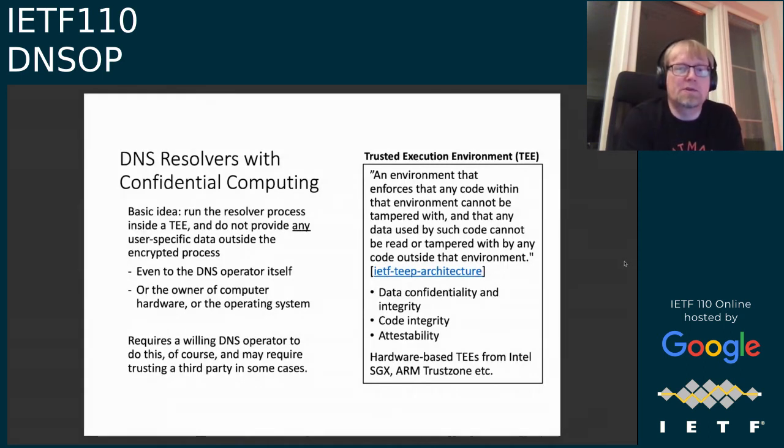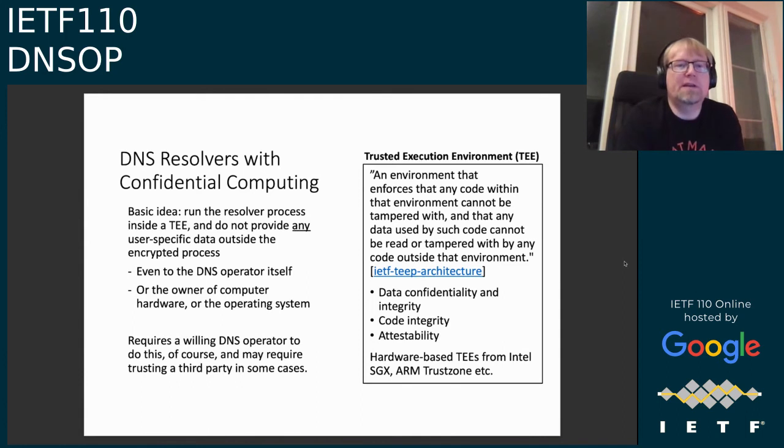And there's also some capabilities to provide attestations, even to remote parties, which is a verifiable statement that this is a process run in this kind of an arrangement and environment, and it uses this particular software image.